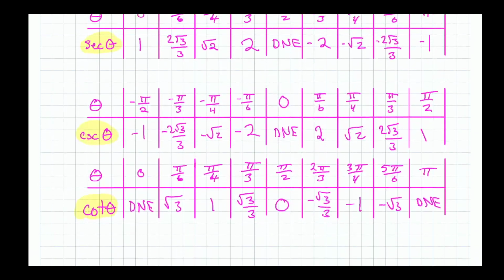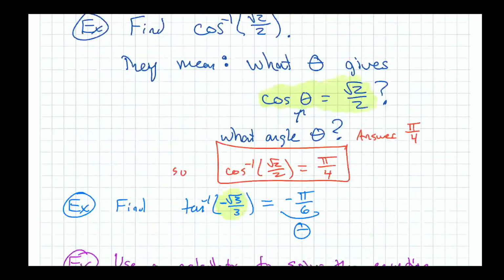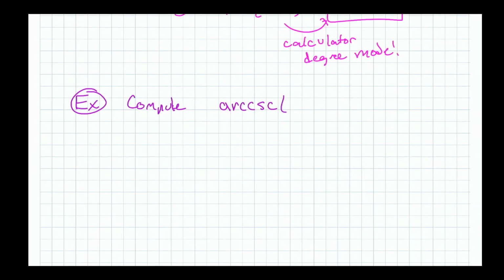All right, cosecant, what can we do? Let's do positive 2√3/3. Okay, I hope so. Otherwise, we're going to be in trouble.